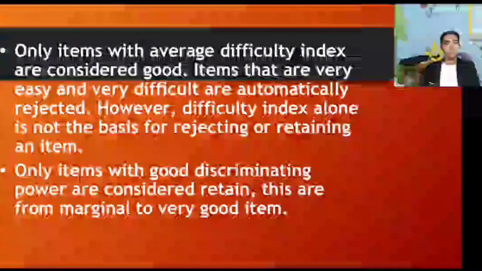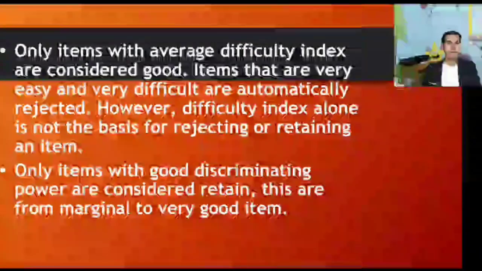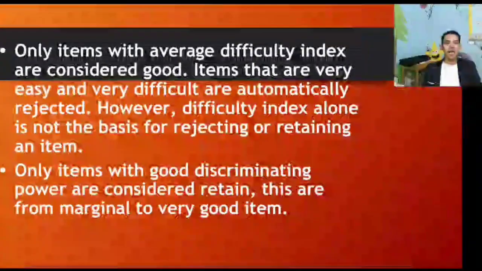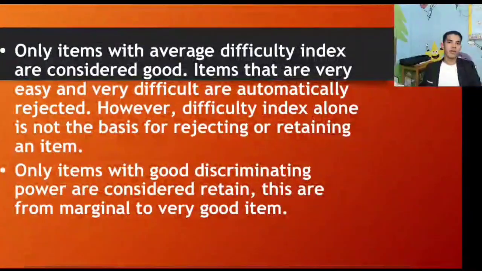These are from marginal to very good items. So, kapag kinumpute mo, the computation should be from 0.21 to 1.00. Those are discrimination indices that have good discriminating power.